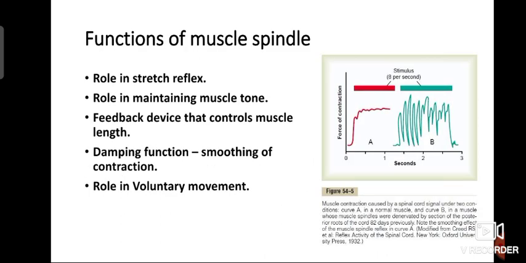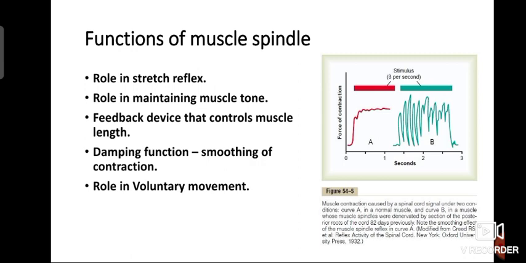Now the function of the muscle spindle. It has a role in the stretch reflex, as we saw previously. Whenever a muscle is stretched, it can cause contraction of the muscle.